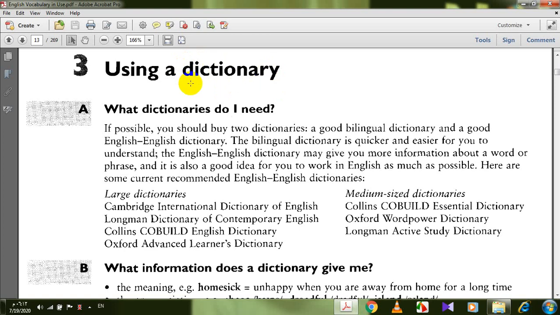This leads us to dictionary and what it means in English also. For example, lexicography, lexicographer. We have just said lexis and lexicon. Lexis means words, vocabulary, all the words and the phrases of a particular language.